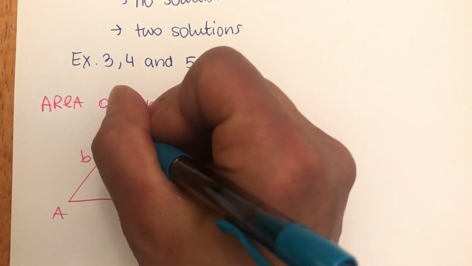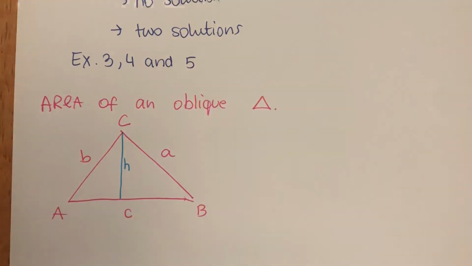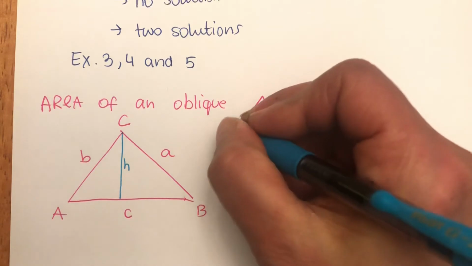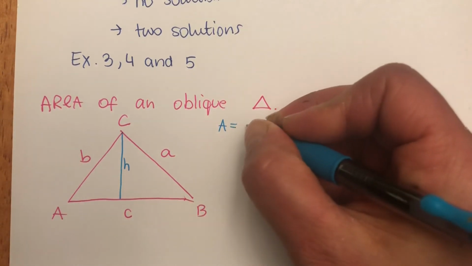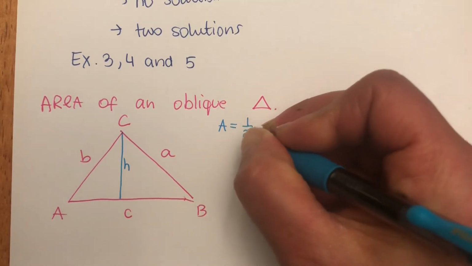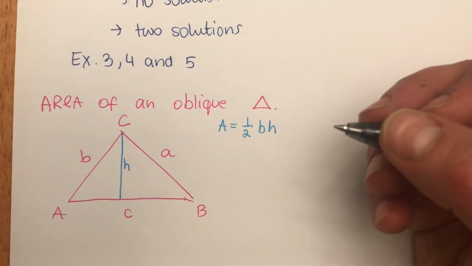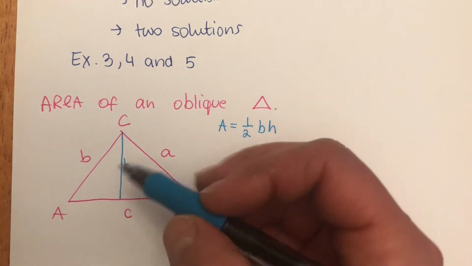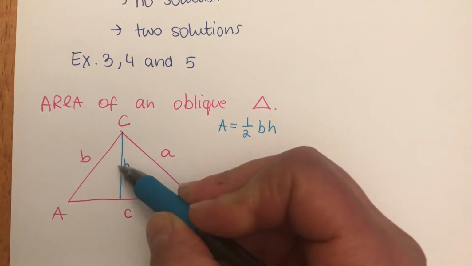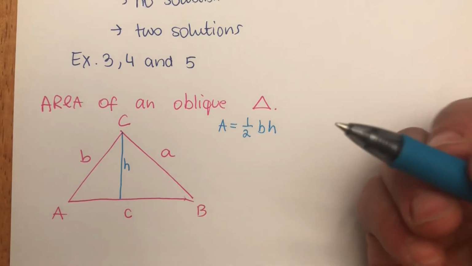What I am going to do is draw the height. The reason why I'm drawing the height is because I know that the area of a triangle is equivalent to 1/2 base times height. And what I want to do is see what I can replace the height with in terms of trigonometric functions.